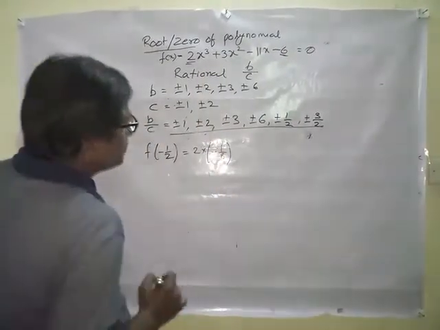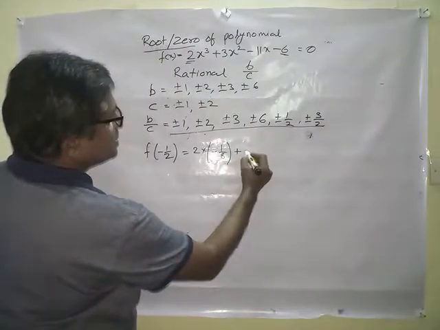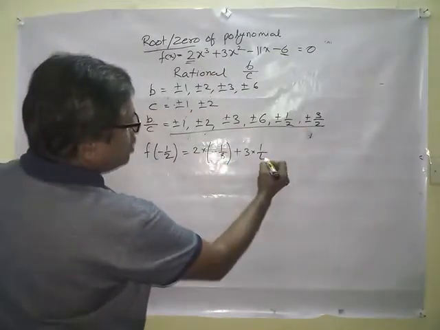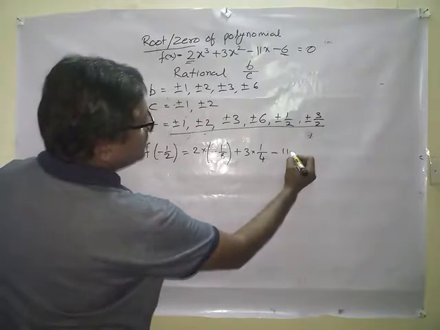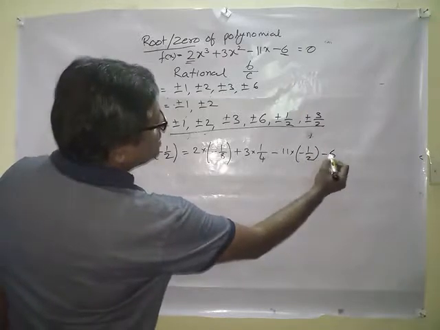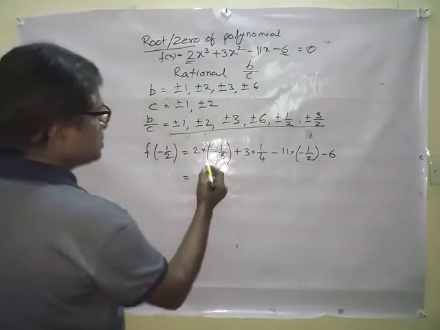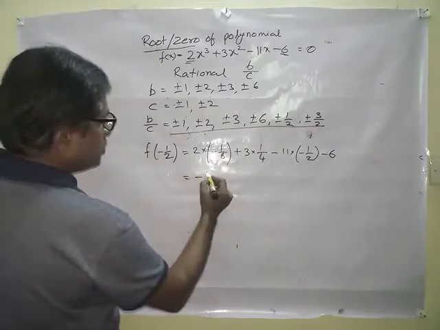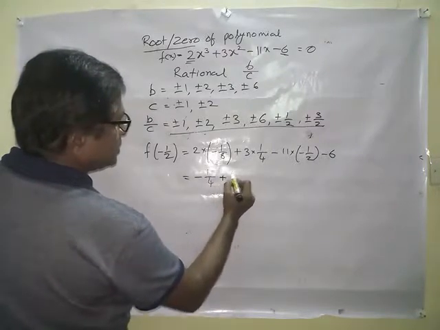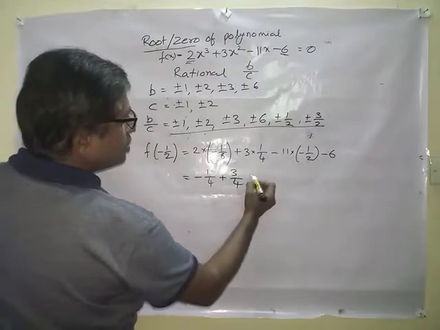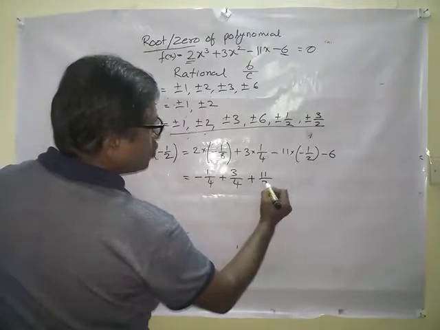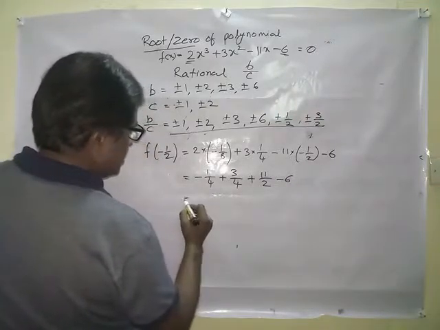Minus, because the exponent is odd, plus 3 multiplied by minus 1 upon 2 squared, which is 1 upon 4, minus 11 multiplied by minus 1 upon 2, minus 6. Let us solve this. Minus 1 upon 4, 2 and 8 will get cancelled, plus 3 upon 4, minus and minus will become plus 11 upon 2, and minus 6.